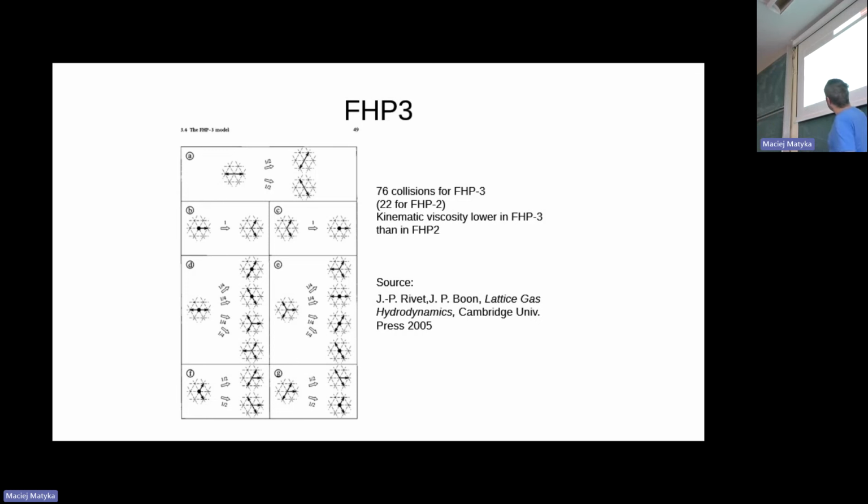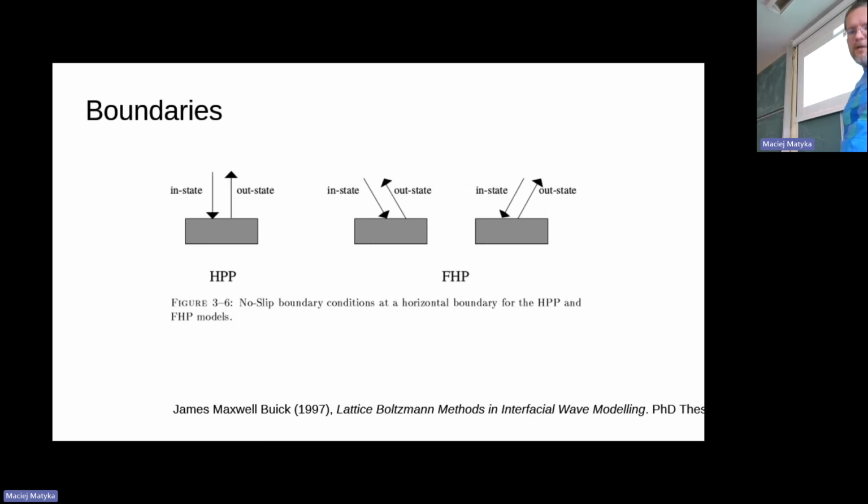So FHP can become a model in which a situation like this is resolved in different ways, with some probability. You see, there is a particle going here, and there is one which is resting. It can go into different situations afterwards.